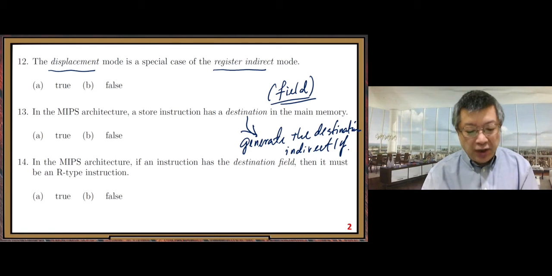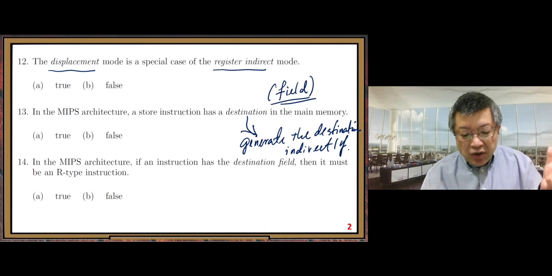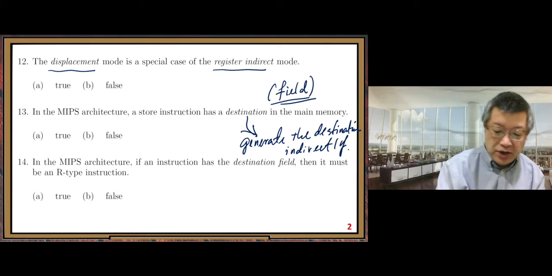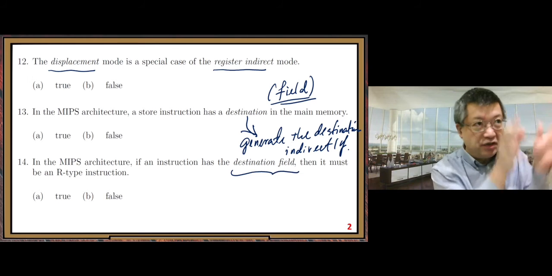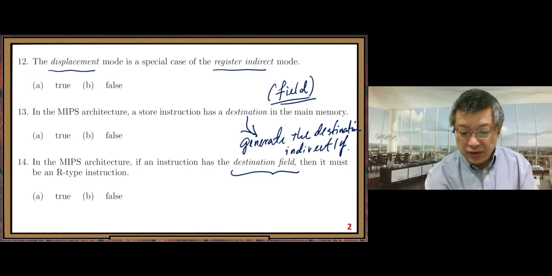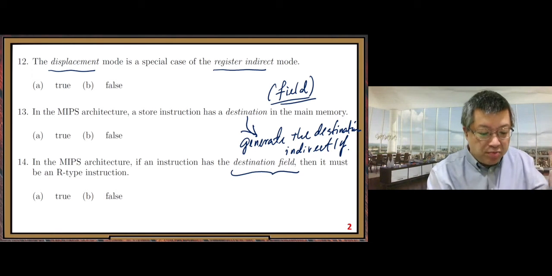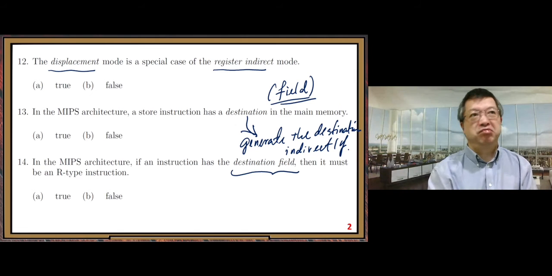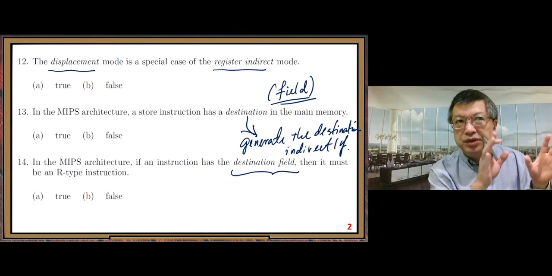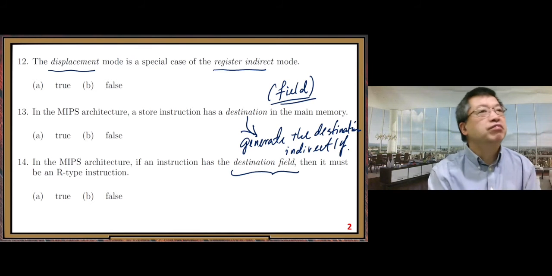All right, number 14. In the MIPS architecture, if an instruction has the destination field, so this time you have a destination field inside your instruction, then it must be an R-type instruction. True or false? If it's true, you need to explain why it is true, right?